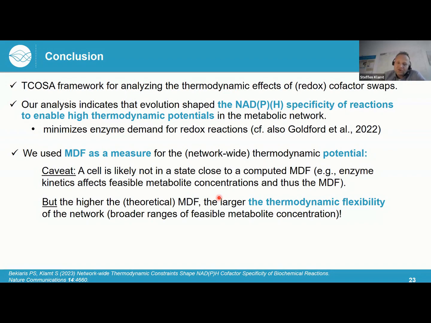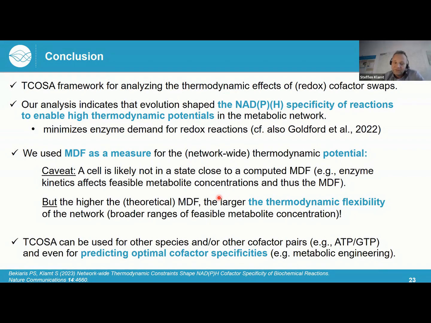However, you should see that the higher the theoretical MDF that we computed, the larger the thermodynamic flexibility of the network. That means the broader are the ranges of feasible metabolite concentrations in order to let the network run a certain flux distribution. And therefore, we believe that the MDF still is a really useful measure also to analyze the feasibility of metabolic flux distributions.